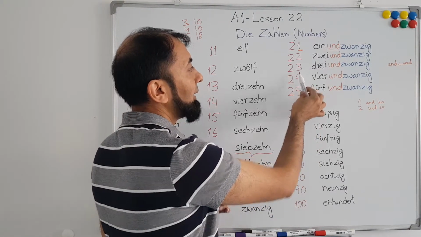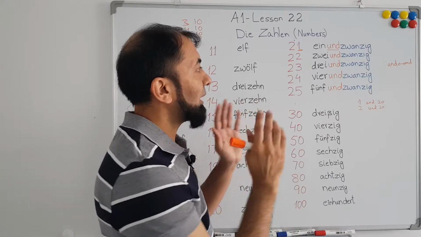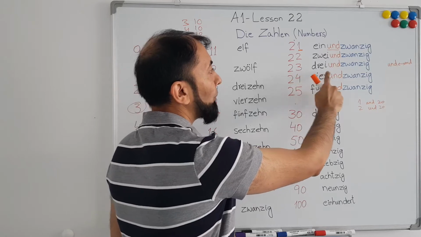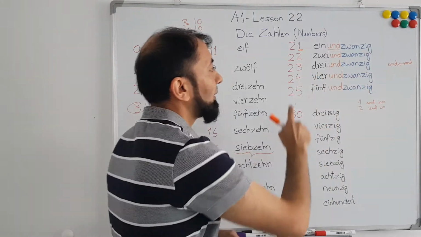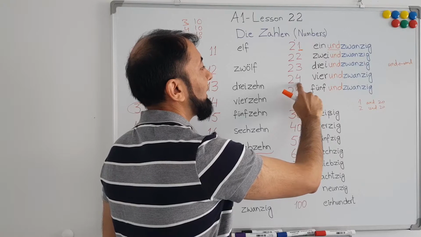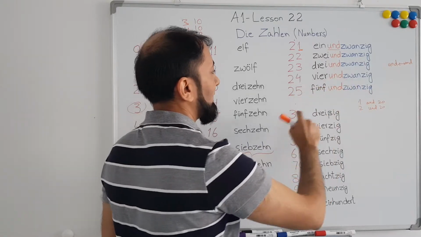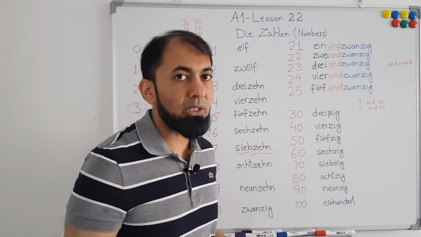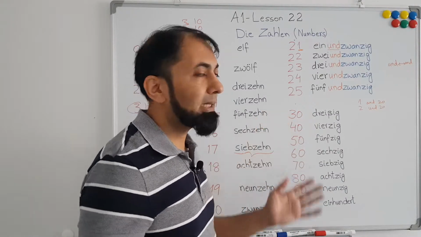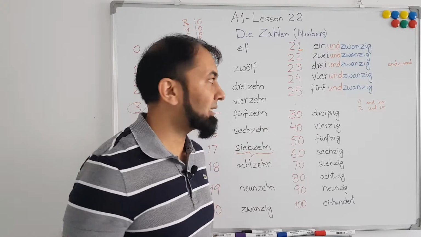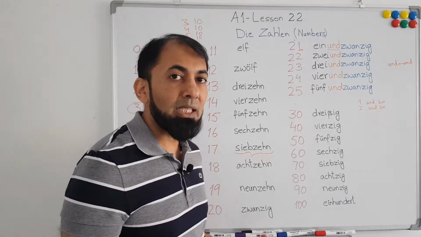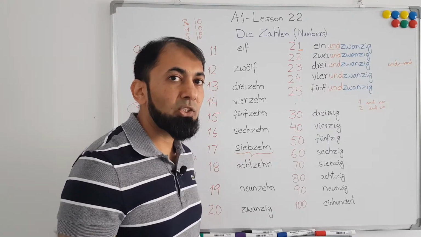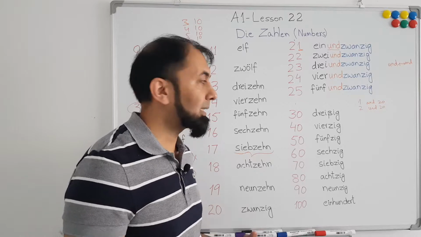Again, 23, we will start from the right hand side. 3 is called drei, und zwanzig. 24, vier und zwanzig. 25, fünf und zwanzig. So it's totally opposite of the English language. 26, sechs und zwanzig. 27, sieben und zwanzig. 28, acht und zwanzig. 29, neun und zwanzig.